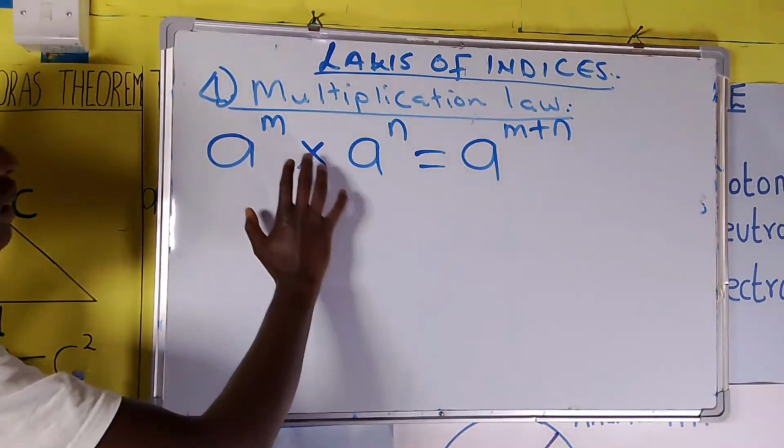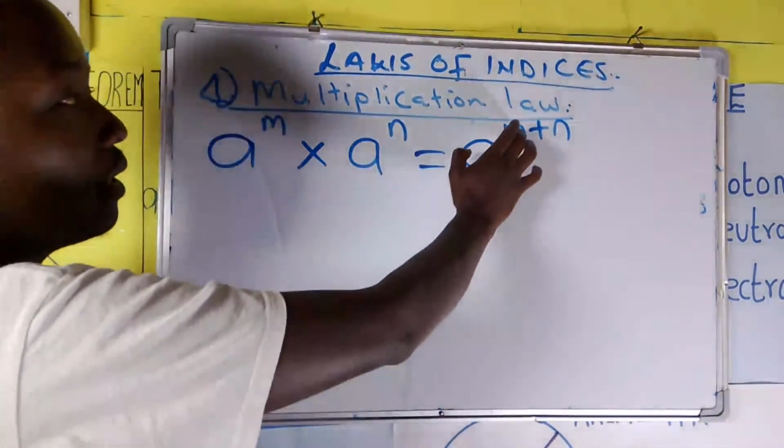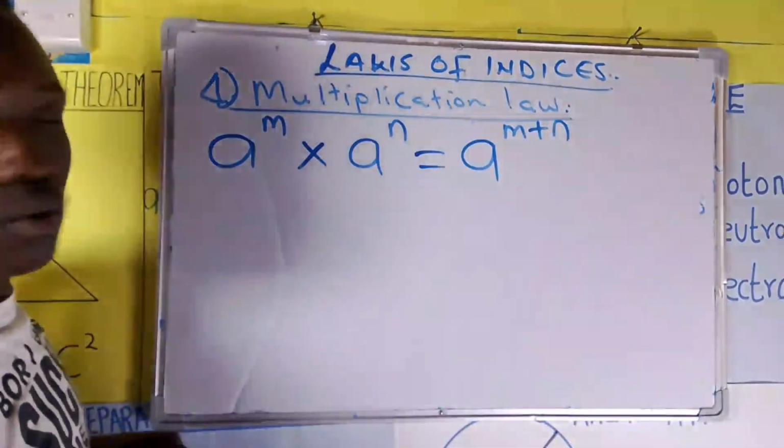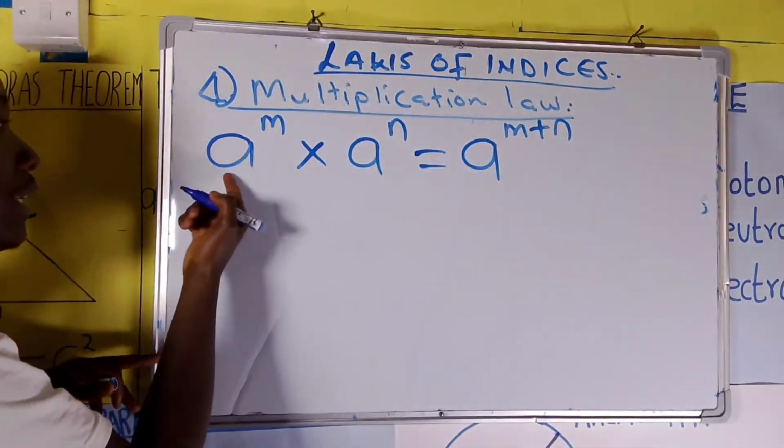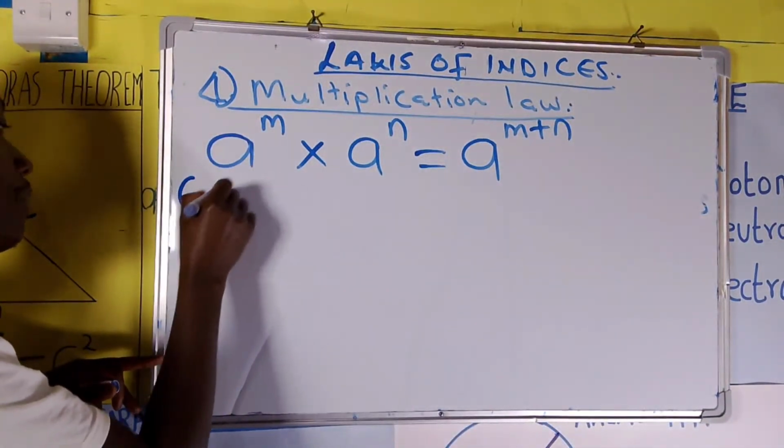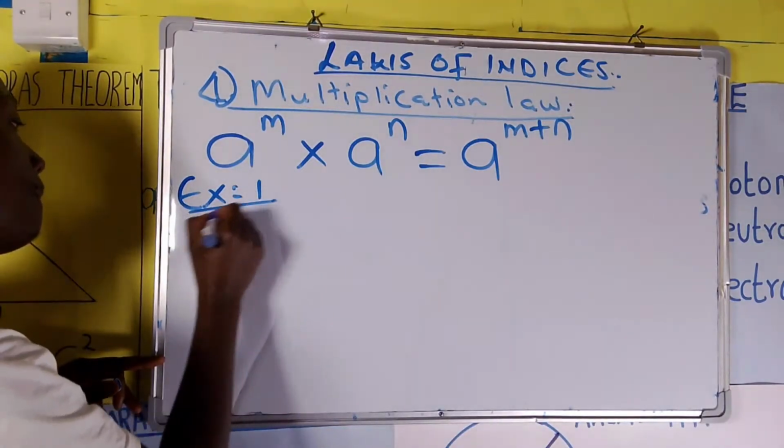So a to power m times a to power n is equal to a to power m plus n. We can now have an example.